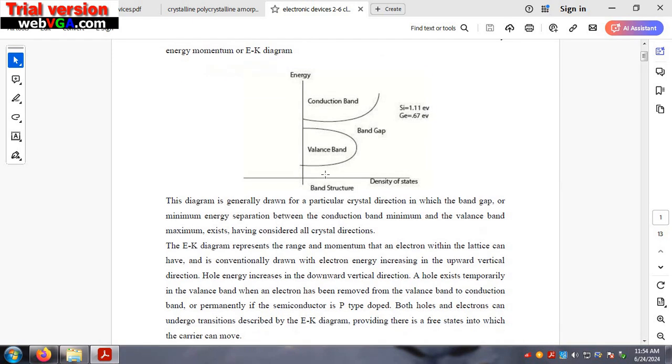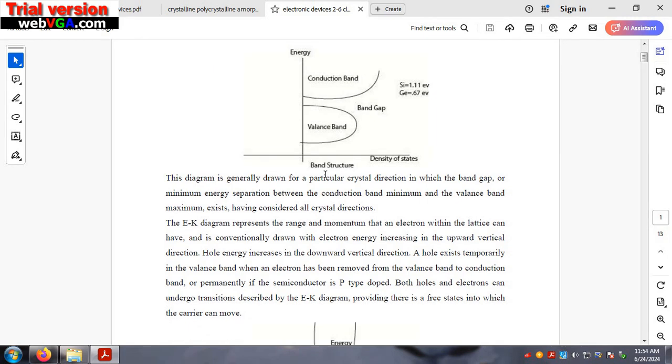Now here in this particular E-k diagram, the conventional electron energy increases in the upward vertical direction. But the hole energy increases in the downward vertical direction. Normally the hole exists temporarily in the valence band. In the valence band, electrons are there.